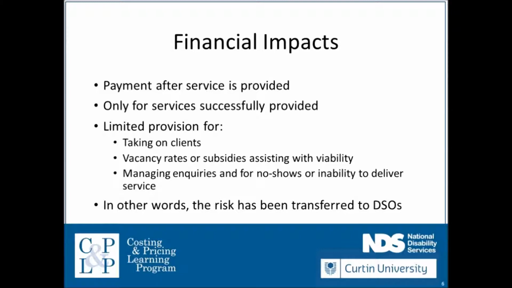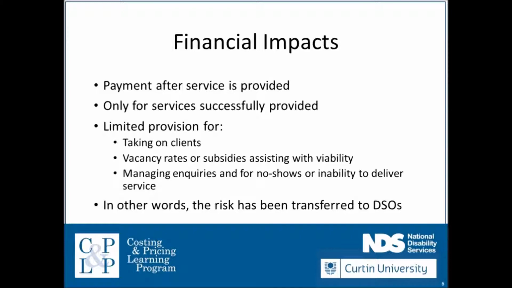Firstly, the financial impact. In historical terms, most jurisdictions have in some way, shape or form provided funding in advance to organisations that provide disability services, and often even at a block funding level. In other words, not necessarily funding provided to individuals or based on individuals, and not necessarily provided in arrears.